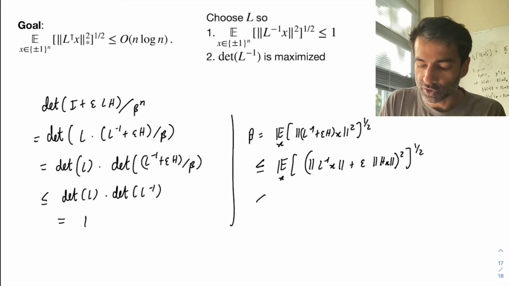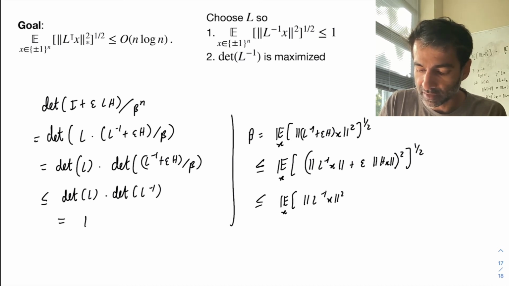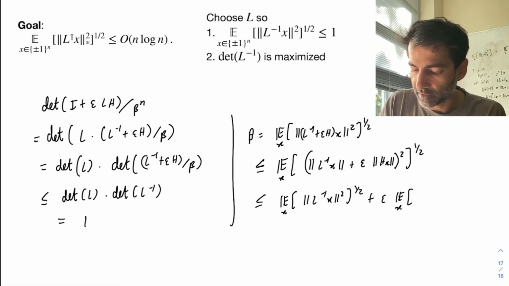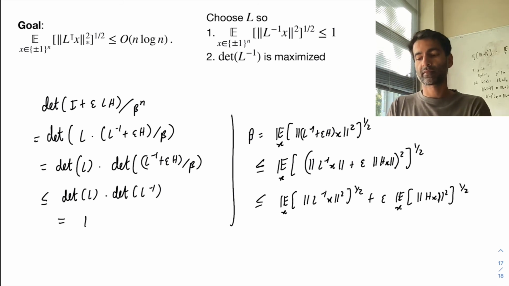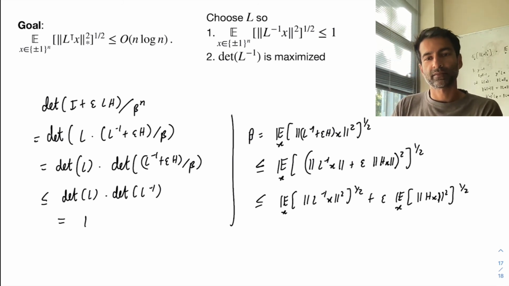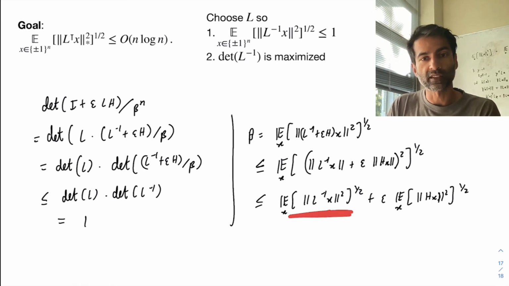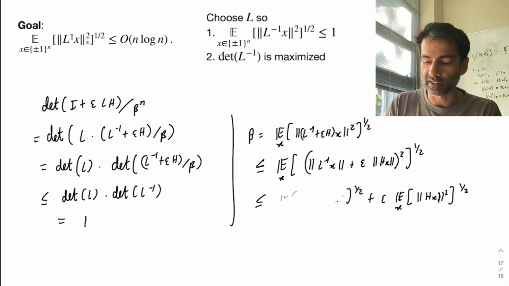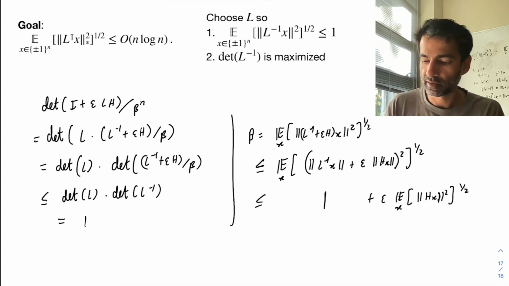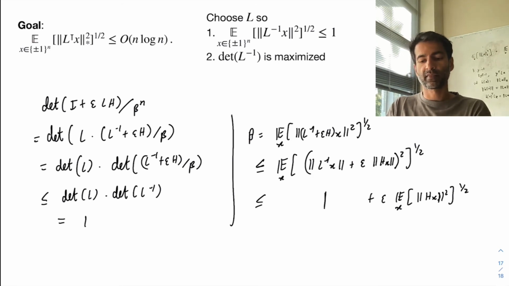Applying the triangle inequality again for the Euclidean norm, I can bound this by the expected value over x of L inverse x squared, plus epsilon times the expected value over x of the norm of h times x squared. All right. Now, by the choice of L inverse, this first quantity is at most 1. So I can just replace it with 1. That's an upper bound on beta.